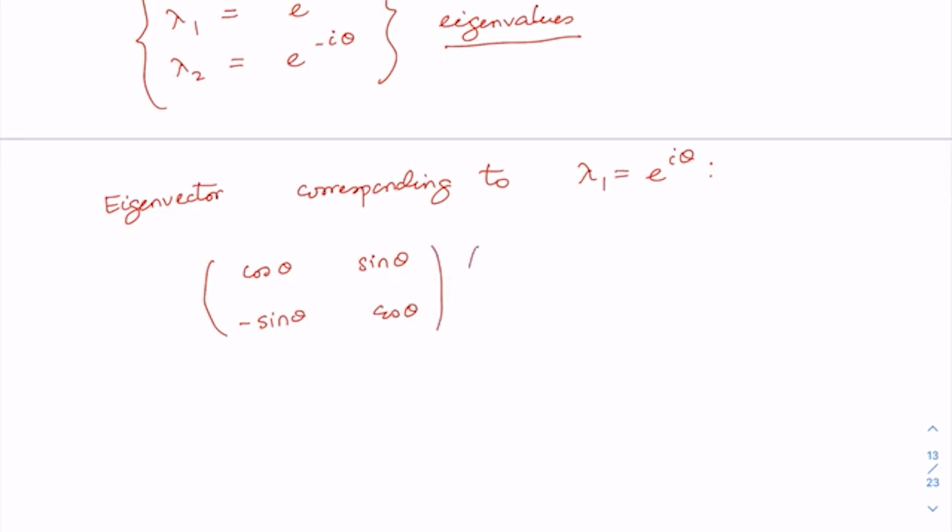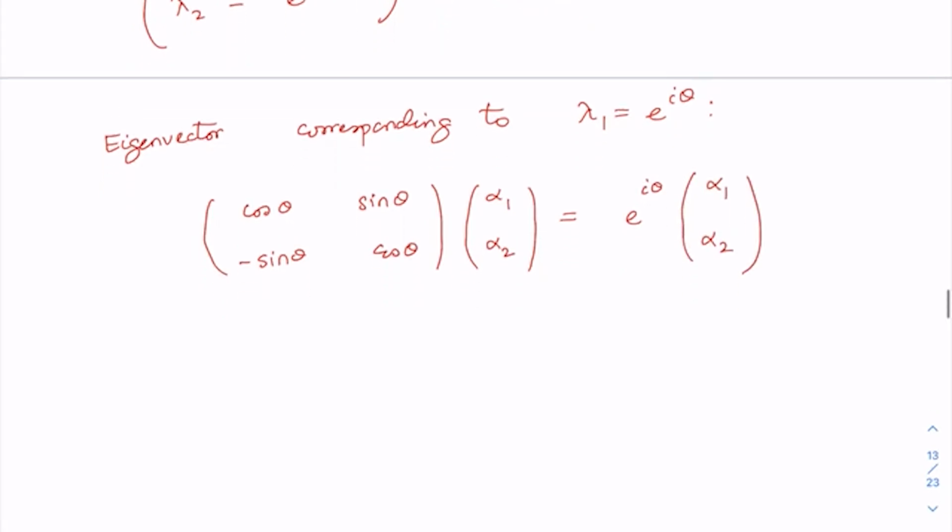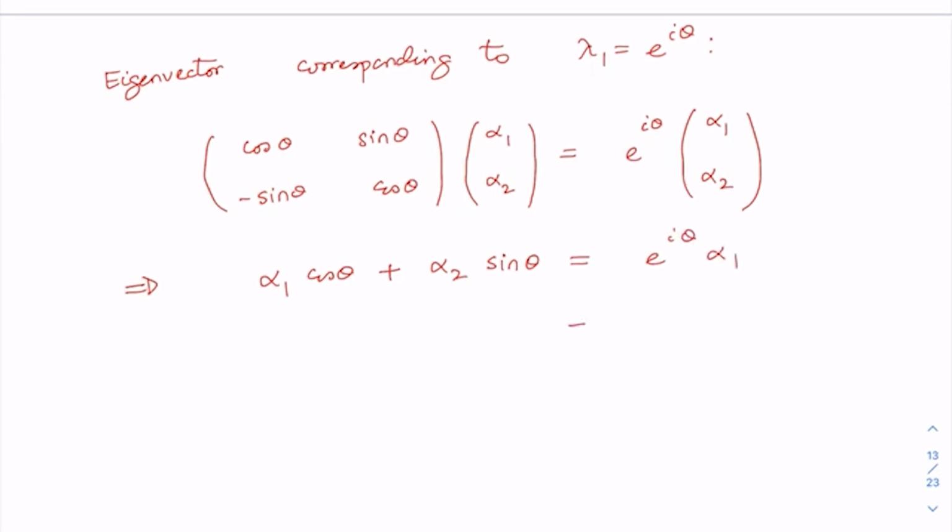Let me denote the eigenvector by this column matrix. Say its elements are alpha 1, alpha 2, and the eigenvalue is e to the power i theta. So from here I get alpha 1 cos theta plus alpha 2 sine theta is equal to e to the power i theta alpha 1. Only one equation is sufficient to solve this problem.